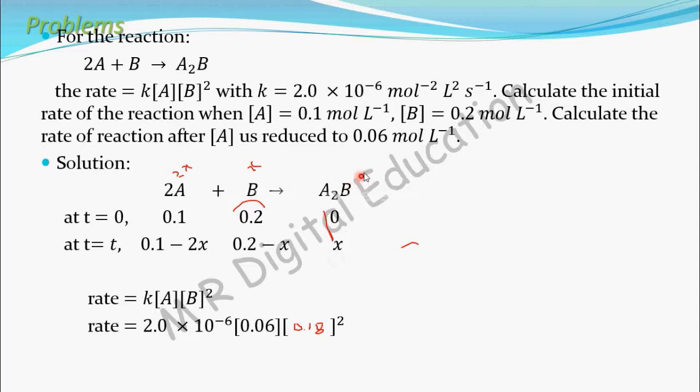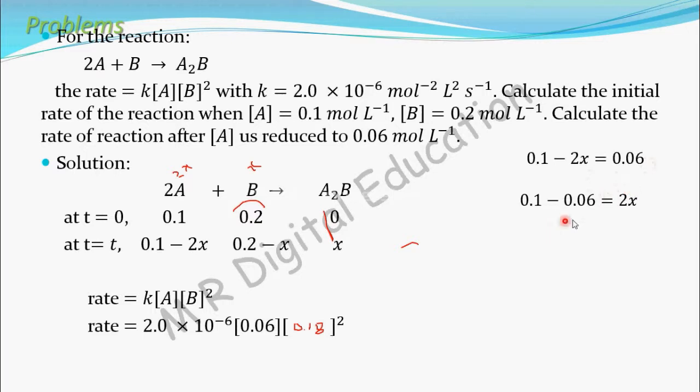He clearly gave the concentration of A as 0.06. So that is 0.1 - 2x. Equate those two: 0.1 - 2x equal to 0.06. Let's find x from this equation. Take this 0.06 this side and 2x this side.